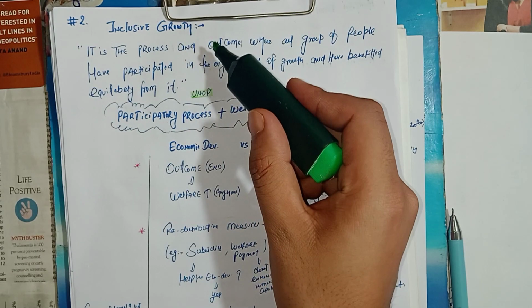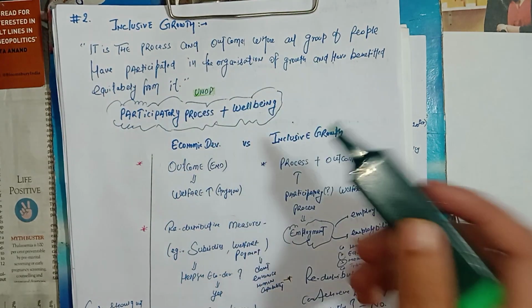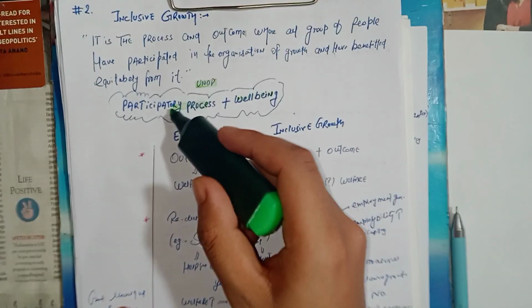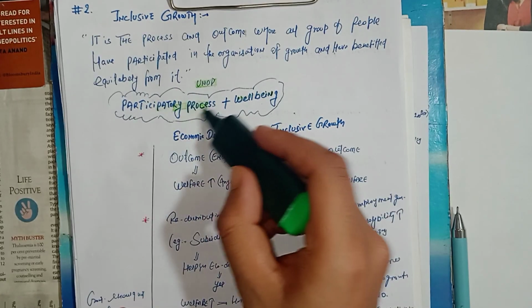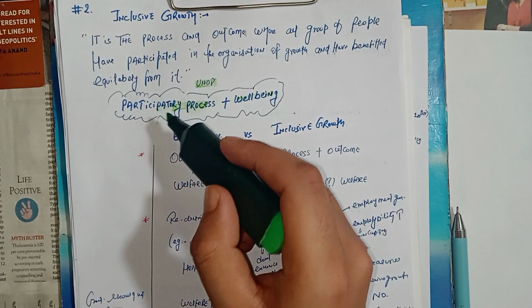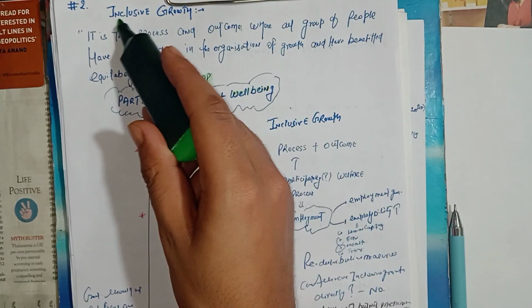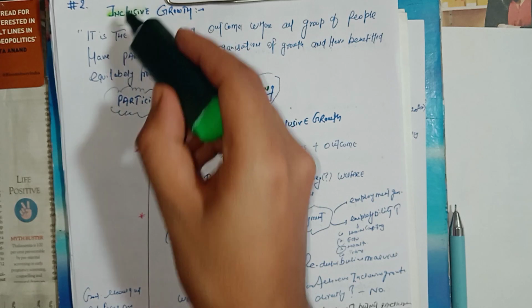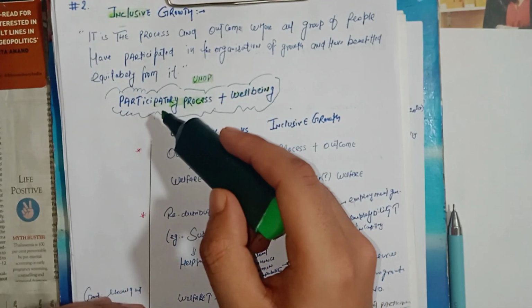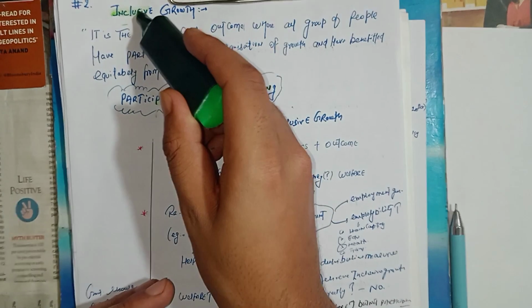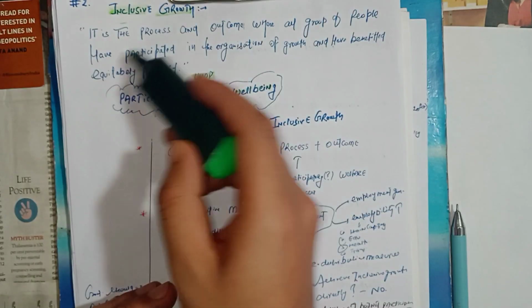In simple words, we can say inclusive growth is participation process plus well-being. Participation process means that in the process, participation of all people should be ensured. Inclusive simply means including all the people in the process of growth. That is called inclusive growth.